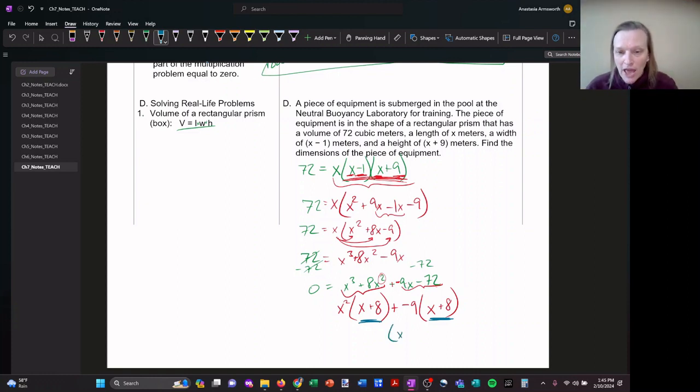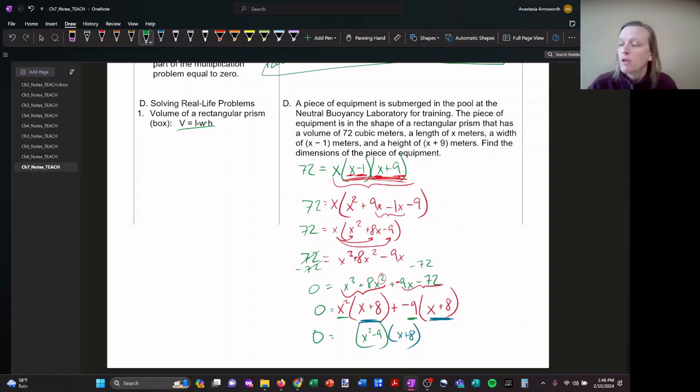I'm going to be left with x plus 8 as part of my multiplication problem, and the other part of my multiplication problem is going to come from that x squared minus 9. So let's not lose sight of our 0 here. I have now factored this into a multiplication problem. The quantity x squared minus 9 times x plus 8.